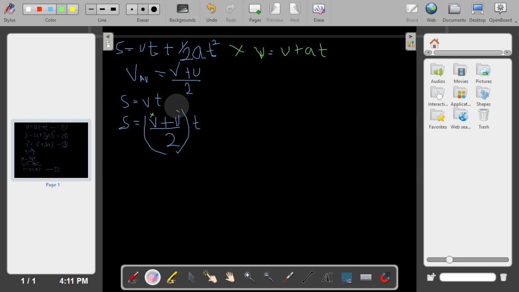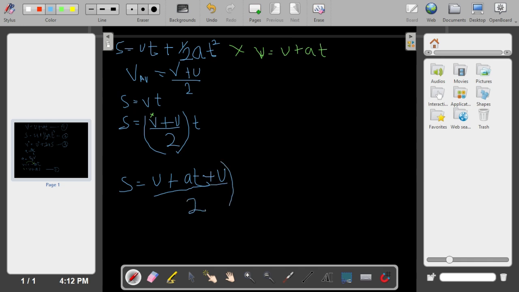So that becomes s equals u plus at plus u over 2.